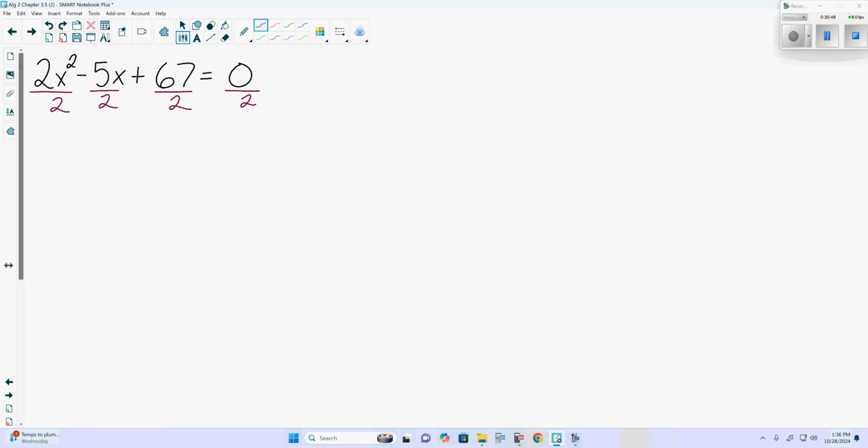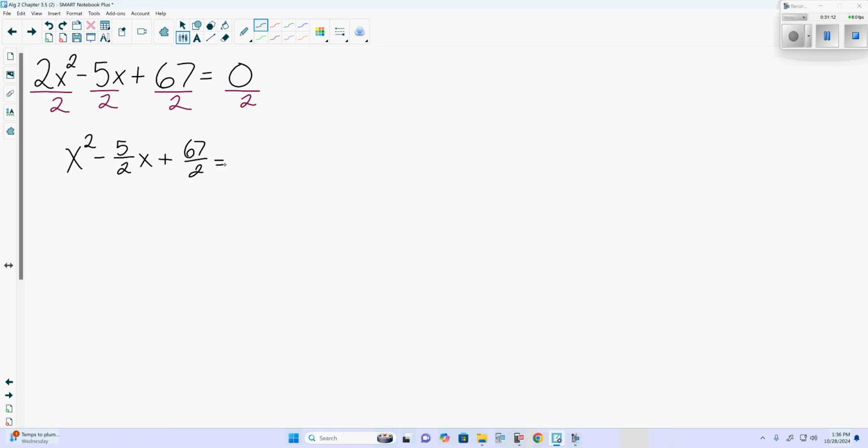Well, 2x squared divided by 2 is x squared, minus 5 divided by 2. Well, 5 does not divide by 2 nicely, so we're going to leave it as 5 halves x. 67 divided by 2. Well, 67 does not divide by 2 nicely either. So we'll leave it at 67 halves.